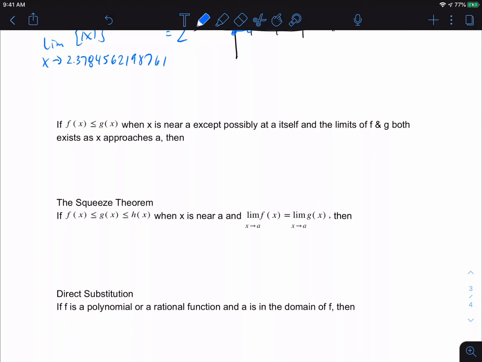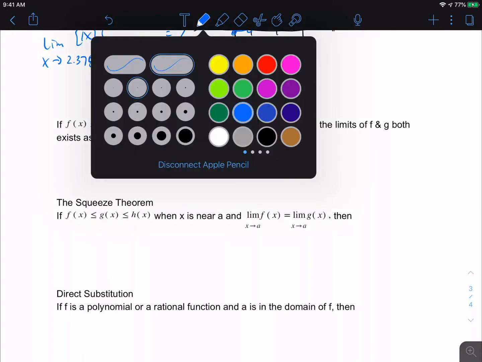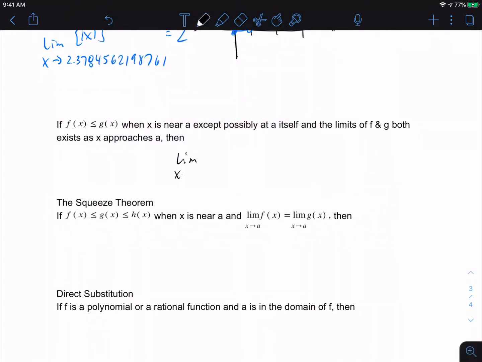If f of x is smaller than or equal to some other function g of x, then as they approach some number a on the x value, it makes sense that the limits of the f of x function would have to be smaller or equal to the g of x function. So the limit as x approaches a of f of x will have to be smaller than or equal to the limit as x approaches a of g of x.